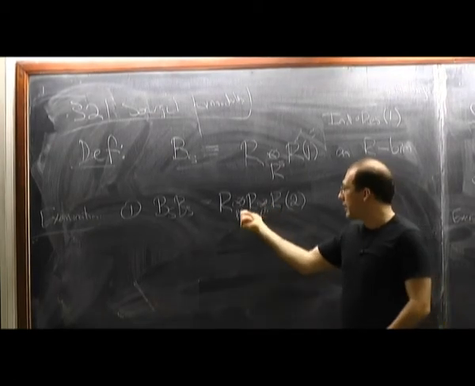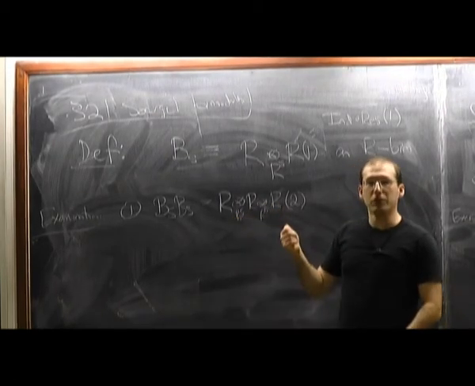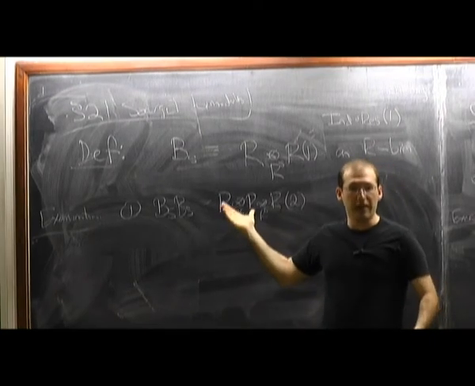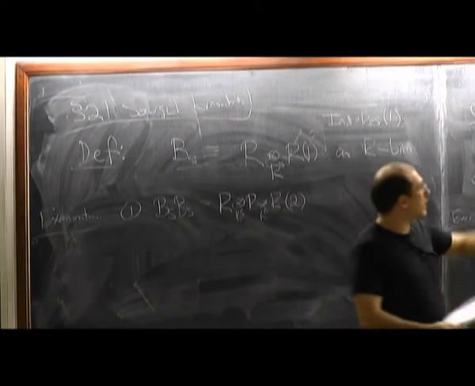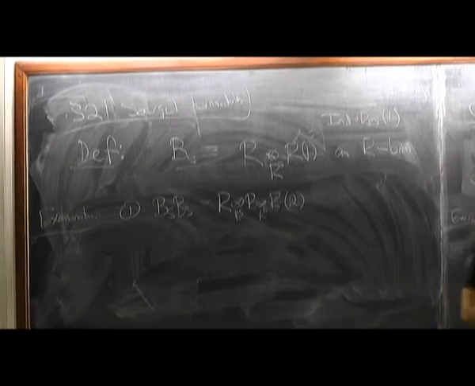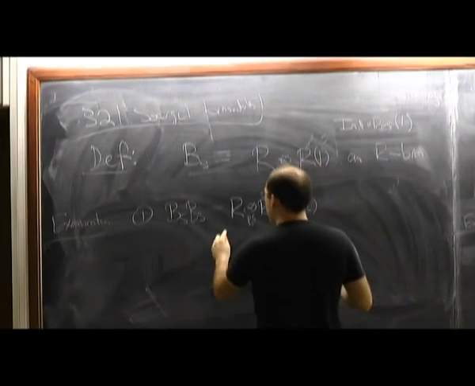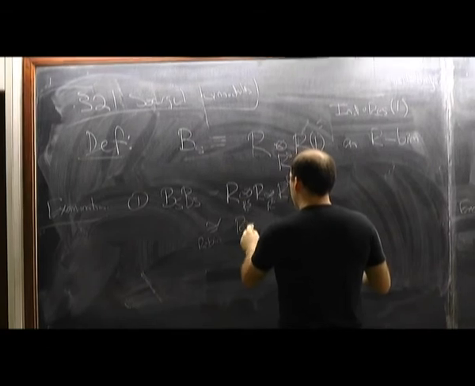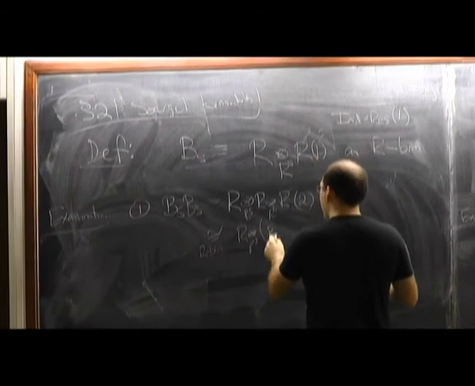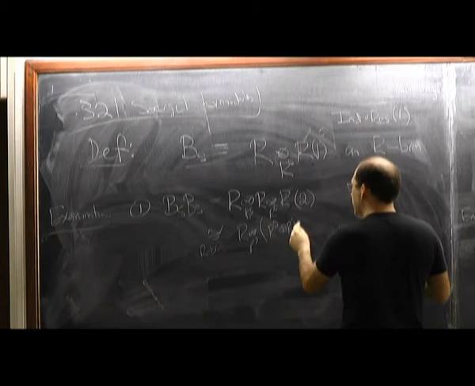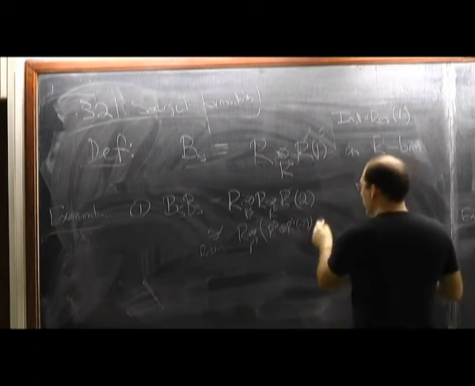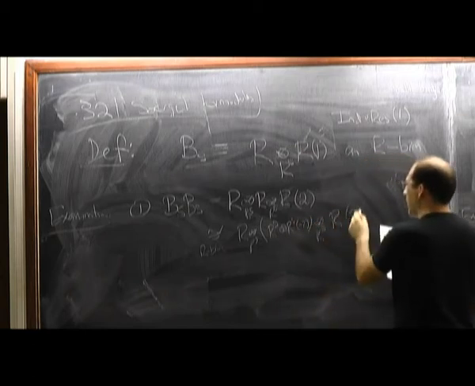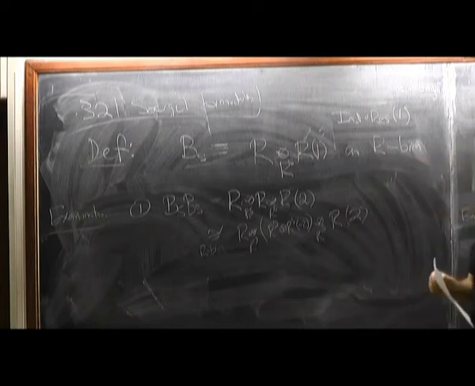And so anything we can do to R as an RS bimodule, we can do to this whole thing as an R bimodule. So the fact that R as an RS bimodule splits into 2 copies of RS says that we can do the same thing here. So this is isomorphic now as an R bimodule to R tensor over RS, RS plus RS minus 2, tensor over RS, R shifted by 2. Okay, just plugging that decomposition into the middle.